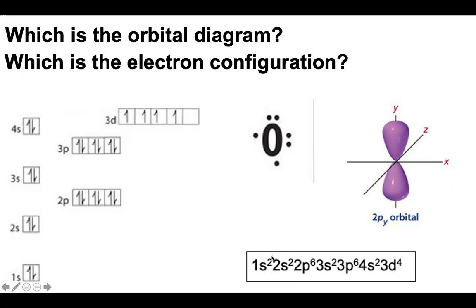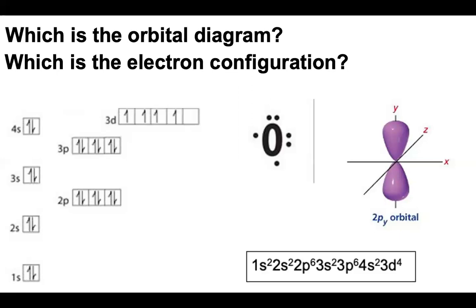So we can add up the superscripts shown here. 2 plus 2 is 4, plus 6 is 10, plus 2 is 12, plus 6 is 18, plus 2 is 20, plus 4, so we have 24. If we look on our periodic table for atomic number 24, this tells us that it's chromium.